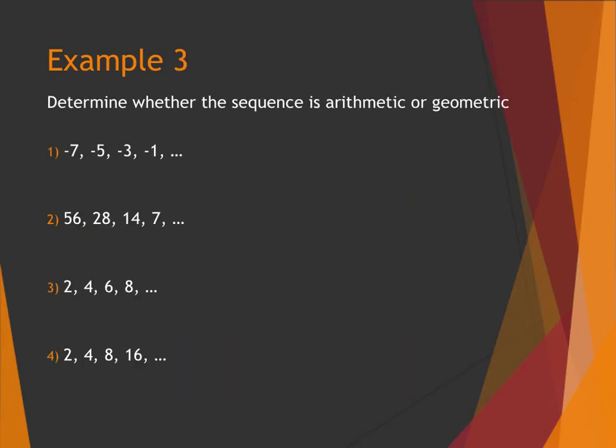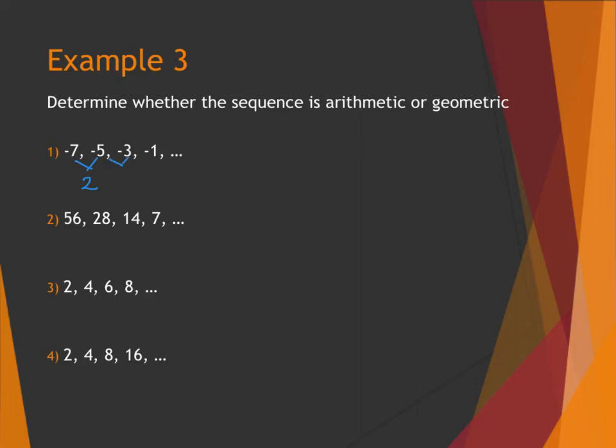Now for example 3, we have to determine whether the sequence is arithmetic or geometric. You can really take whichever approach you'd like, but I'm going to look at my first two terms here, and I see that -5 minus -7 is going to give me a +2.